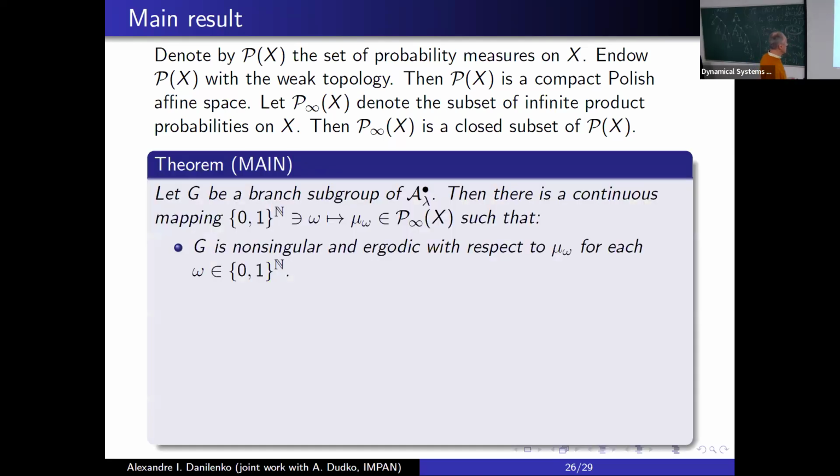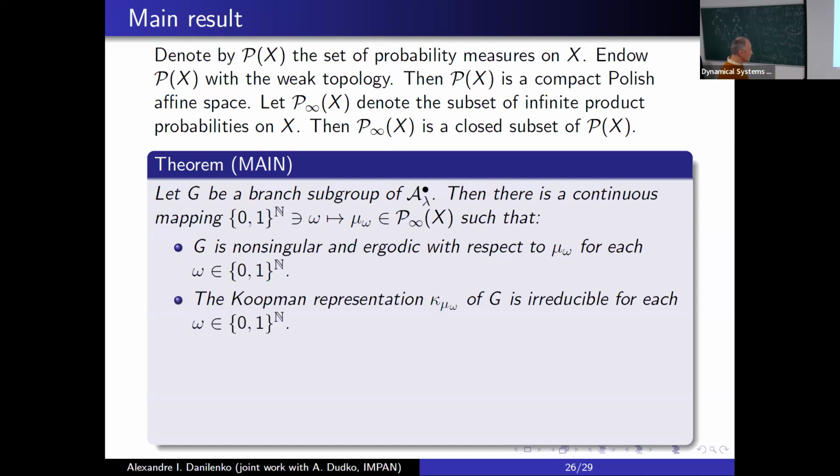Now the main theorem. Let G be a branch subgroup of the closure of the group of finitary automorphisms. This means that G is purely finitary with respect to the Haar measure. Then there is a continuous map from {0,1}^N with the natural topology to this space, such that G is non-singular and ergodic with respect to mu_omega for each sequence omega.